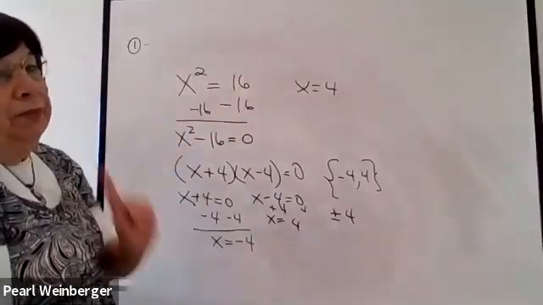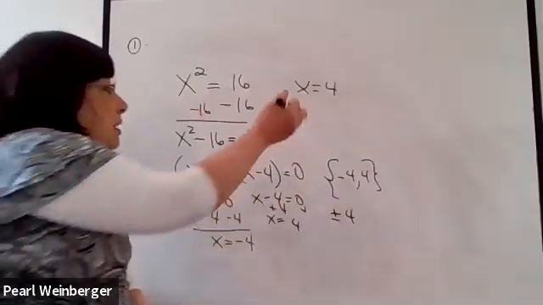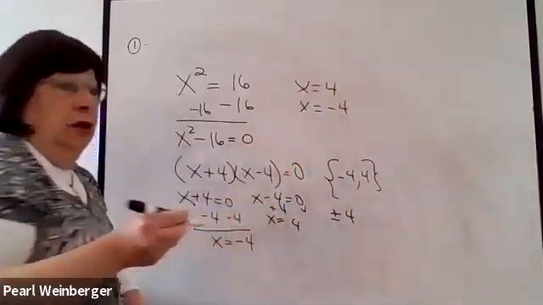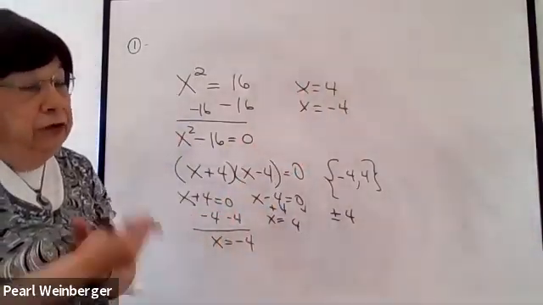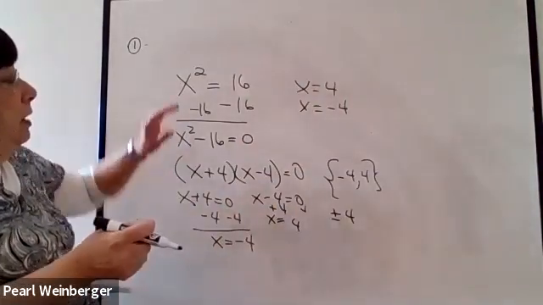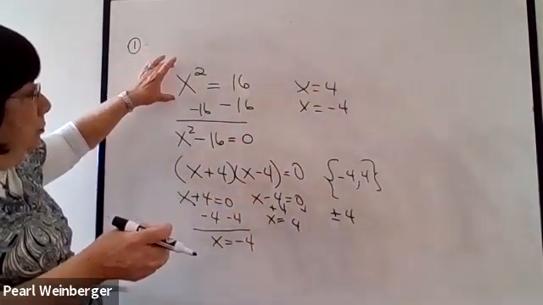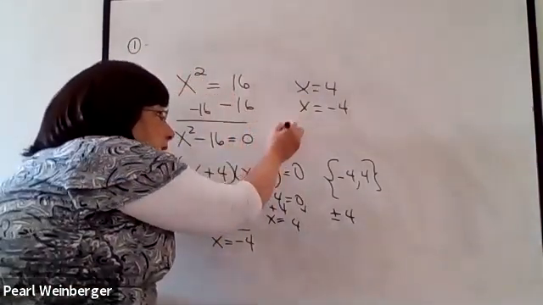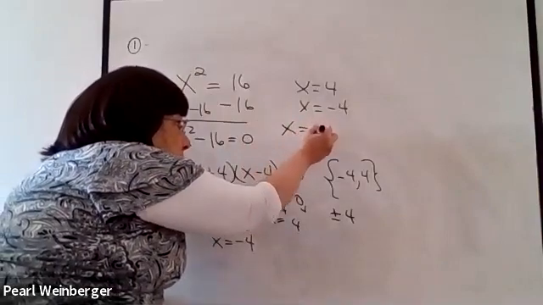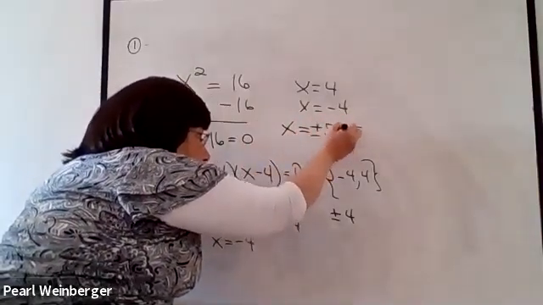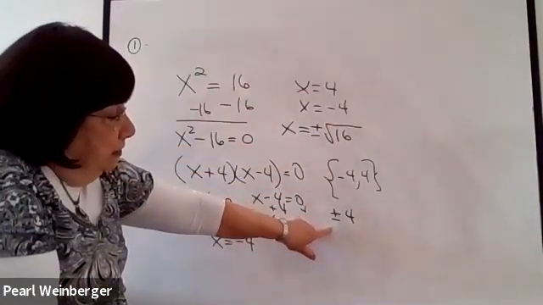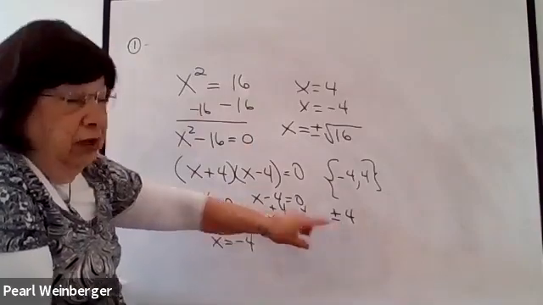Except I wouldn't be completely correct, because not only does 4 work, negative 4 could also work, because negative 4 times negative 4 is also positive 16. So if I know x squared equals 16, I could just do x is the positive or negative square root of 16, which means that x is either positive 4 or negative 4.